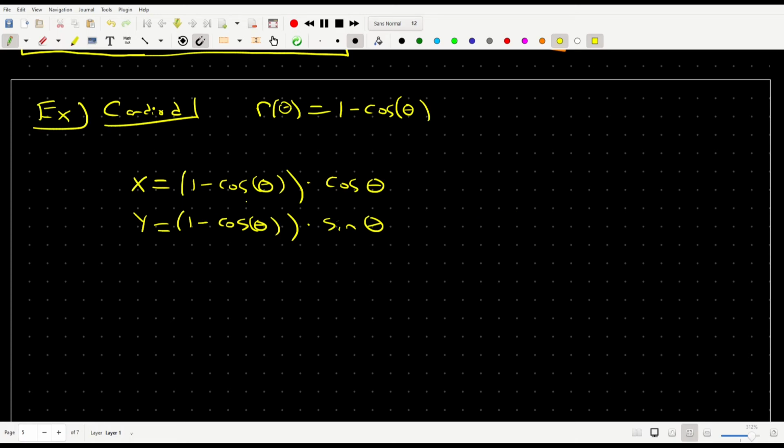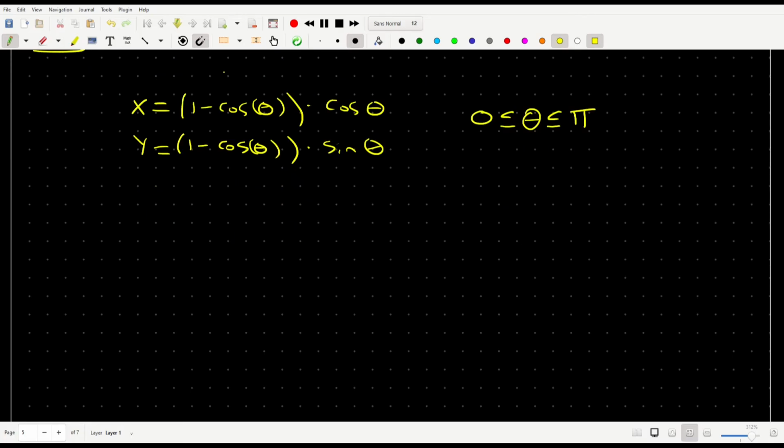And we need to go through and do the integral of the surface area formula, for theta from 0 to pi, or really half of the standard cardioid.